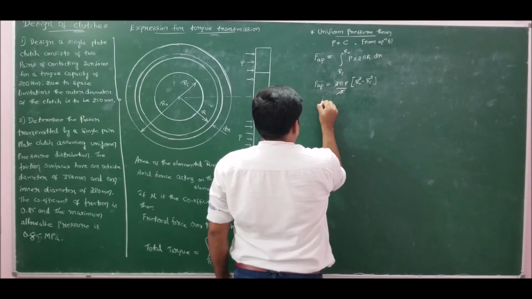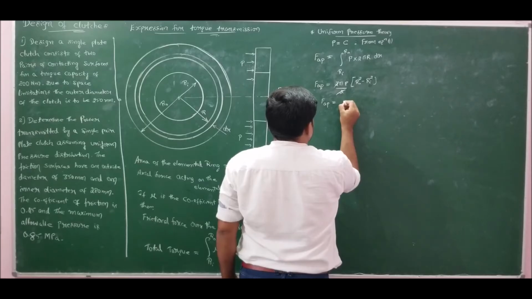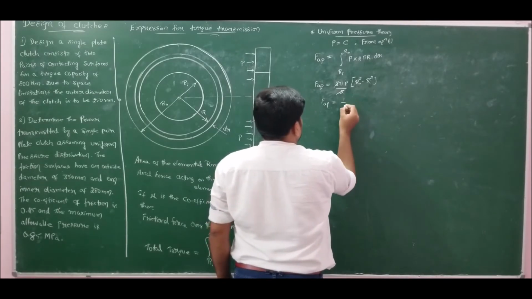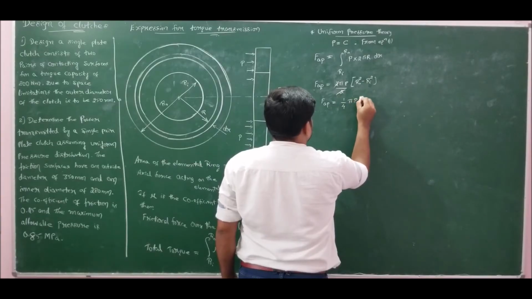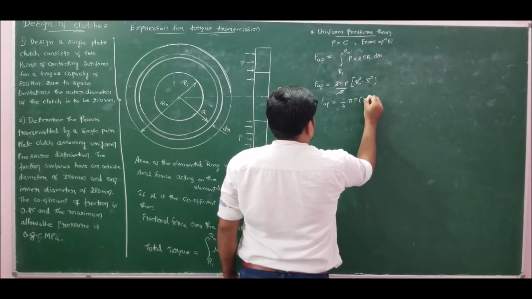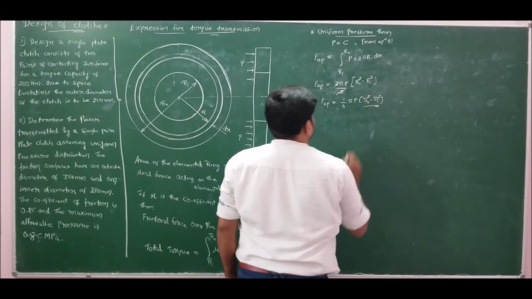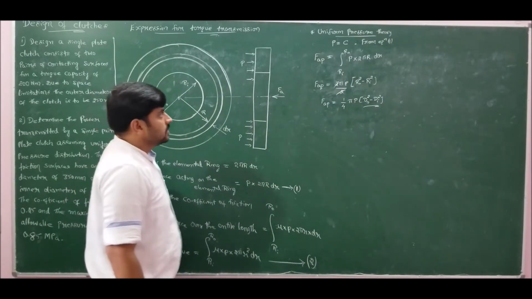So I got axial force based on uniform pressure theory as, I can substitute r as d by 2, so therefore I will get 1 by 4 pi times p d naught square minus di square. So this is the expression for axial force based on uniform pressure theory.